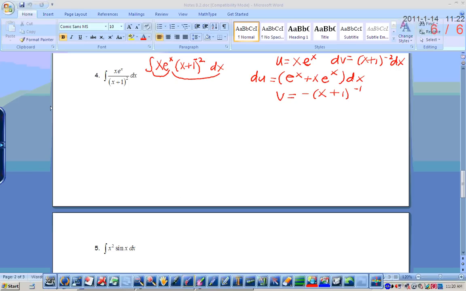Okay, uv. Nasty. Negative x times x plus 1 to the negative 1 times e to the x minus the integral of v du.